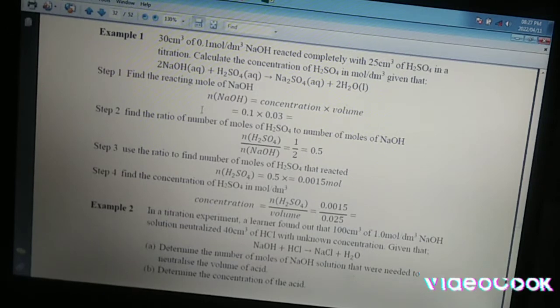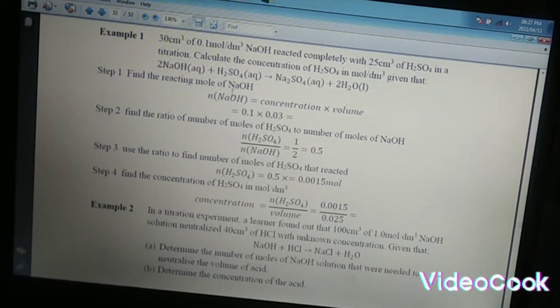So step number 1. The question said, calculate the concentration of sulfuric acid in moles per cubic decimeter. So what do we know about concentration? Let's first find the reacting moles of sodium hydroxide. The number of moles is concentration times volume.